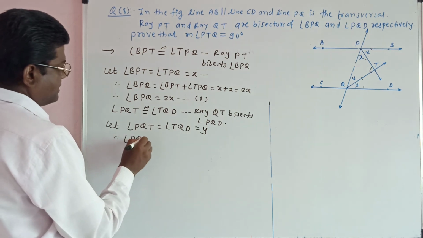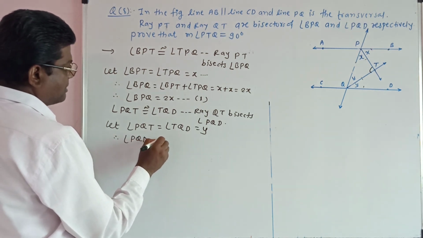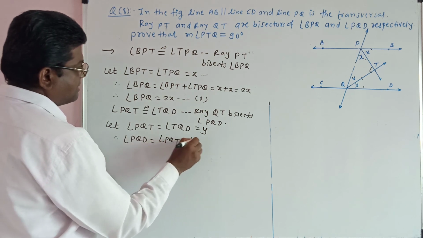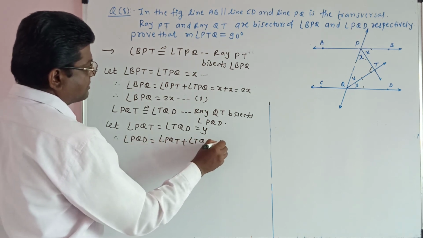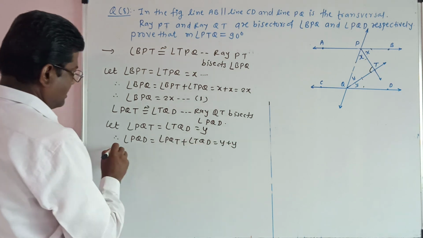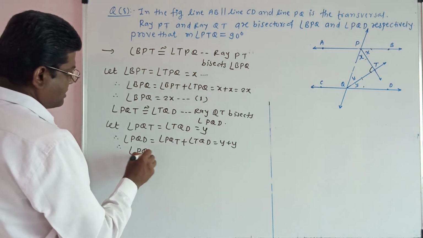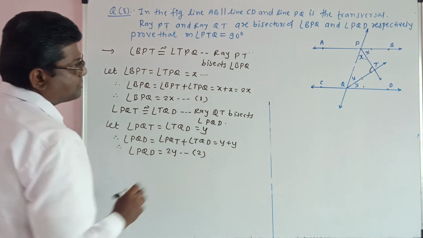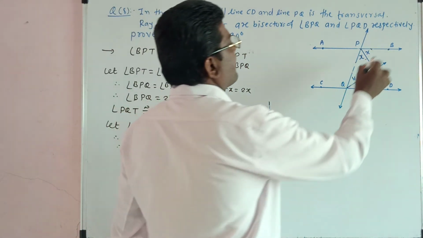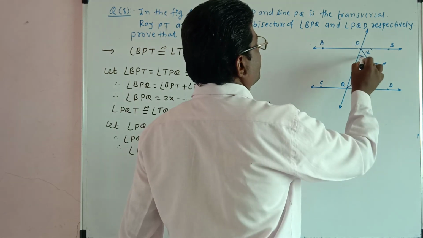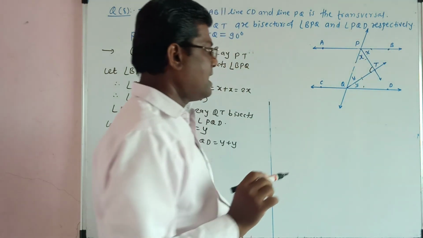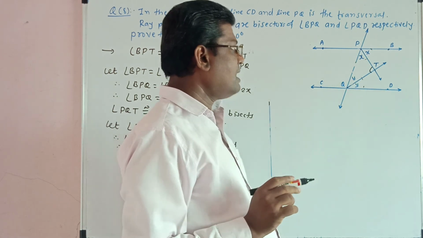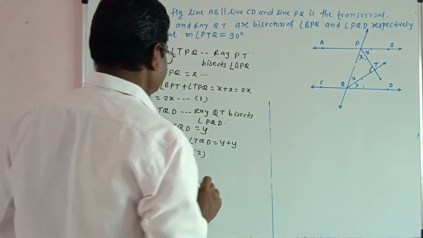Therefore angle PQD is equal to angle PQT plus angle TQD, which is y plus y. Therefore angle PQD is equal to 2y. This is equation number 2. So angle BPQ is equal to x plus x, 2x. Angle PQD is equal to y plus y, 2y here.